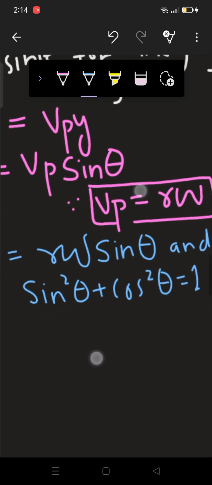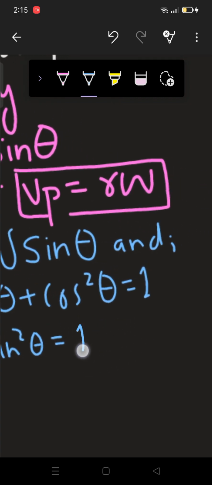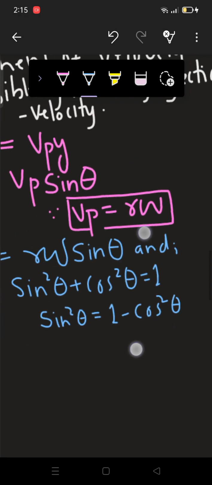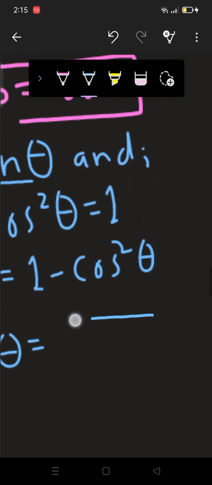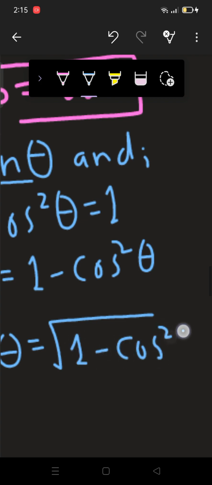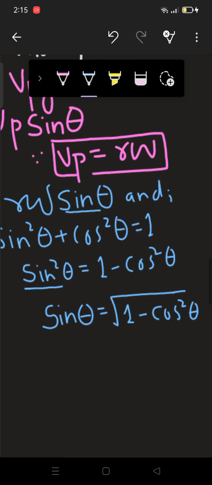We want sine theta's value. So sine square theta is equal to 1 minus cos square theta. We don't want sine square theta, we just need sine theta, so take the radical on both sides, and the square is cancelled. So sine theta is equal to radical 1 minus cos square theta.